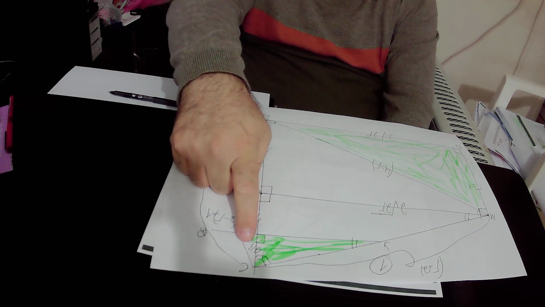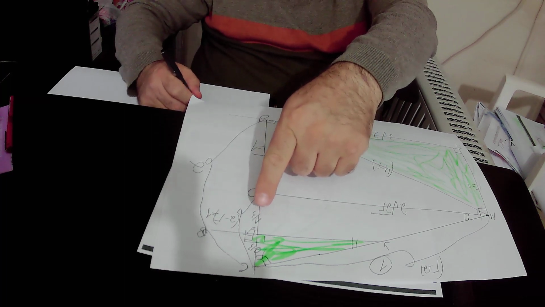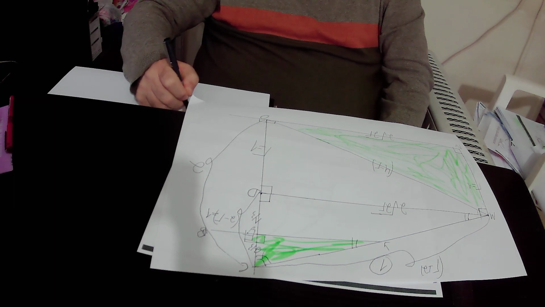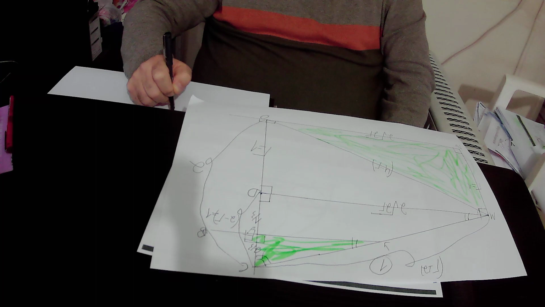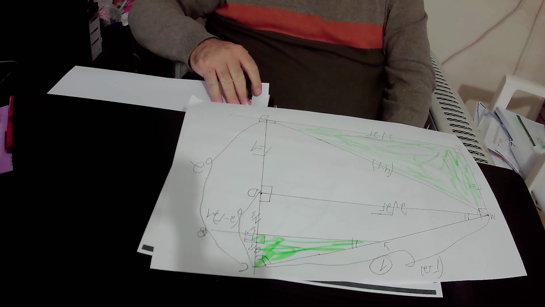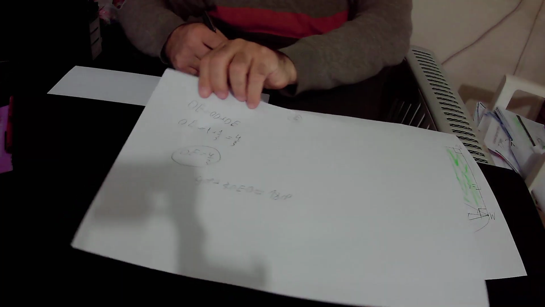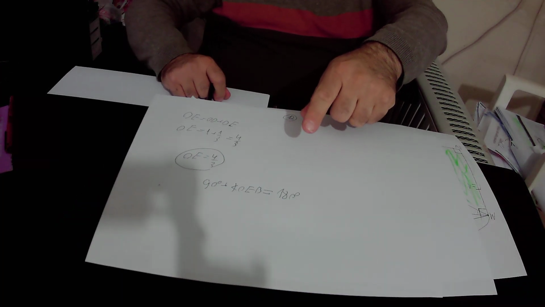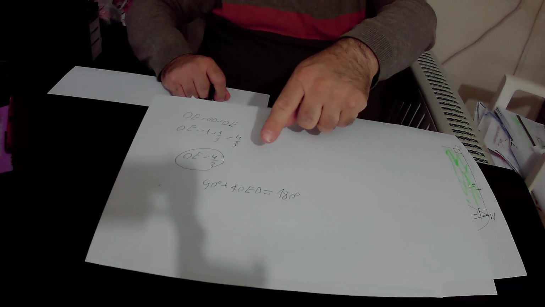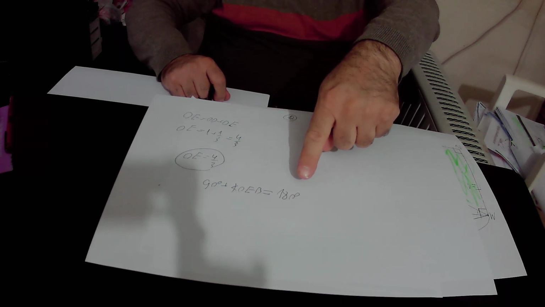That is to say, this angle that is a right angle, it equals 90 degrees, plus the size of angle OEB, must be equal to 180 degrees, according to the rule that the sum of the angles on one side of a straight line equals 180 degrees.